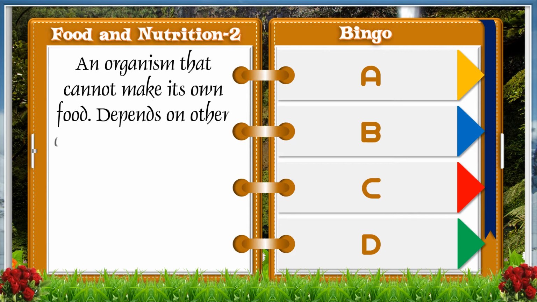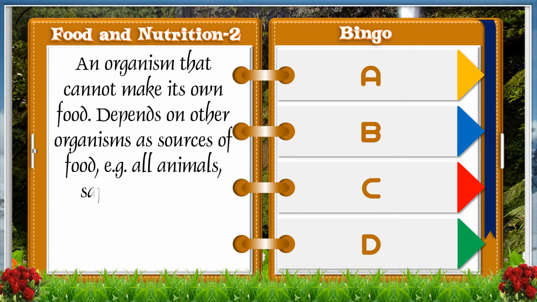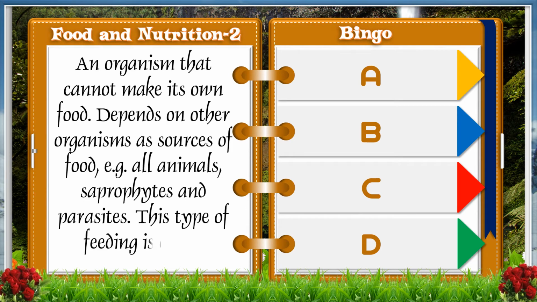An organism that cannot make its own food depends on other organisms as sources of food. For example, all animals, saprophytes, and parasites. This type of feeding is called holozoic.